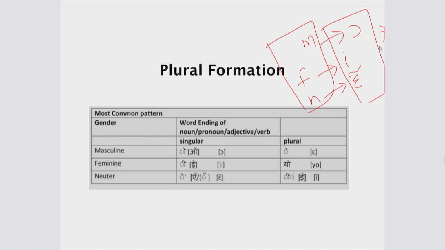So how do we form plurals of the most common pattern? Whenever a word ends with O, in the plural it will end with A. This O is an open sound. So in the singular it will be O, and in the plural it will become A. The feminine nouns end with E in the singular form, and their plural will become yo.